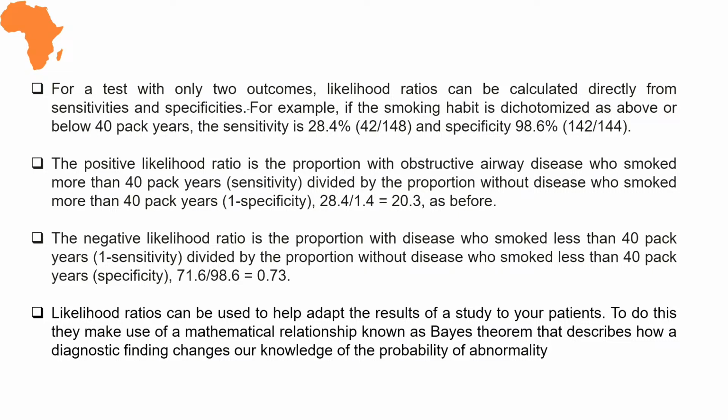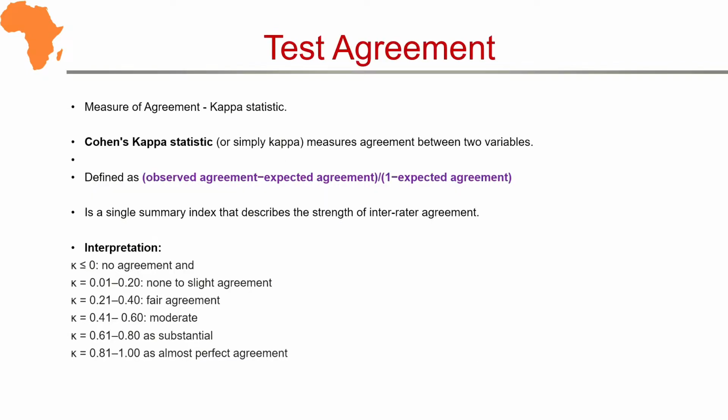This is where it becomes interesting. We can also use test agreement to evaluate a test. This is mainly for categorical tests. When there are 2, we use Cohen's; when there are 3, we can use Fleiss. They're all just known as Kappa statistics. Kappa statistics measure the agreement between 2 variables. It can also measure rating.